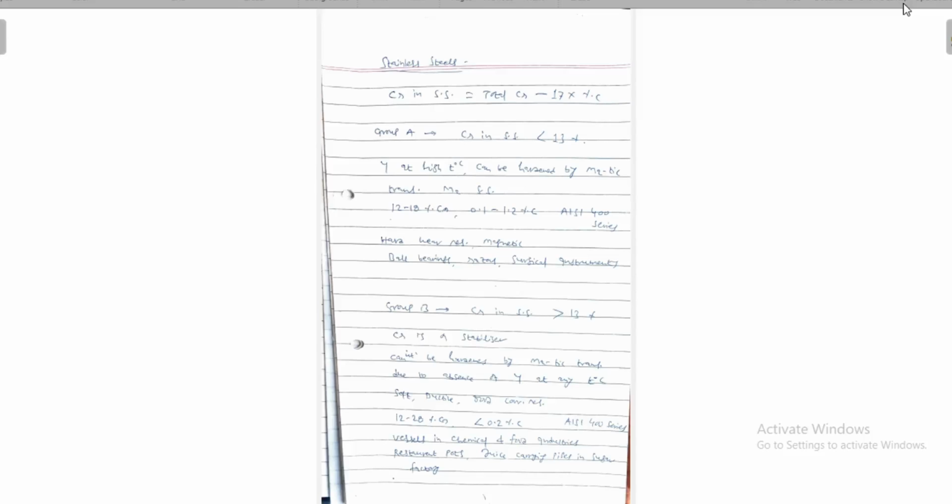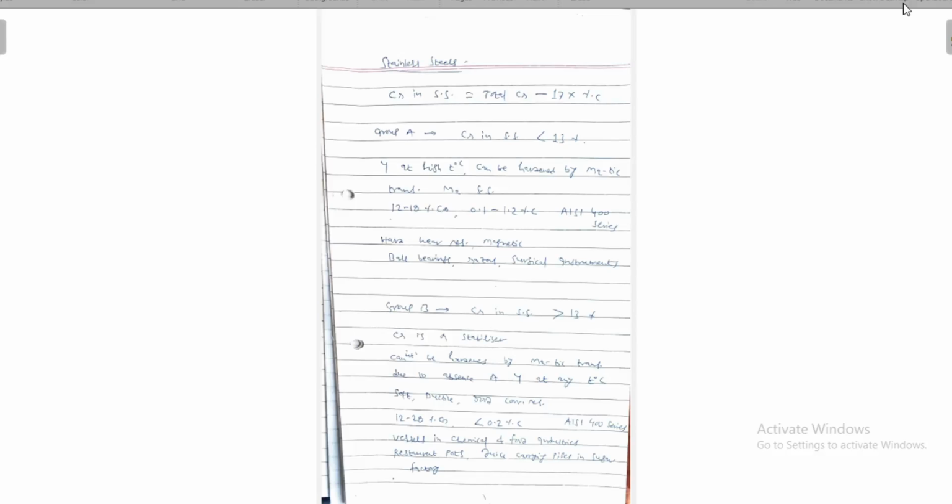As we have already discussed, chromium is one of the alloying elements which have more affinity towards carbon. So whenever chromium is added to the steel in order to manufacture stainless steel in the foundry, first of all, some amount of chromium will go into the formation of chromium carbide. So in the solid solution of ferrite or austenite, the remaining chromium should always be near 12.5% or 13%.